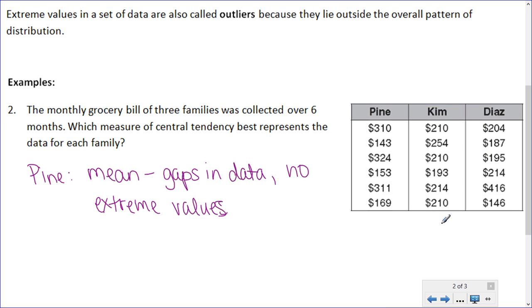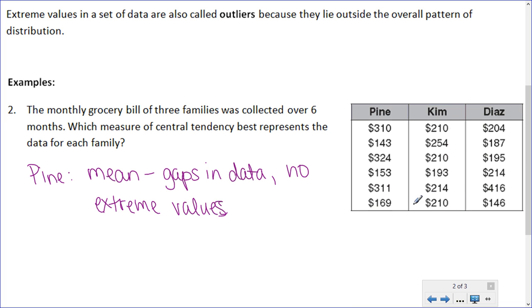There are no outliers. But in this case, because we're talking about the monthly grocery bill, if they're spending $210, which also is pretty representative of the data. There's one that's less than that, one that's very, very close to it, but a little bit higher, and then one that is a bit higher than that. But 210 is pretty well in the middle, and it's pretty representative of this data.